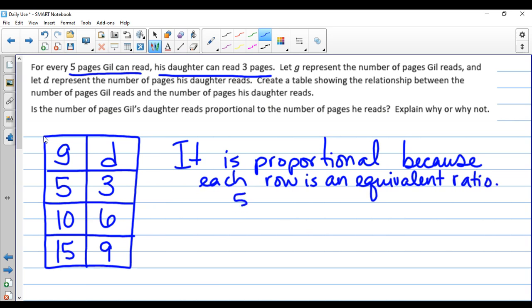So 5 over 3 equals 10 over 6 equals 15 over 9. If those are equivalent, then this is a proportional relationship.